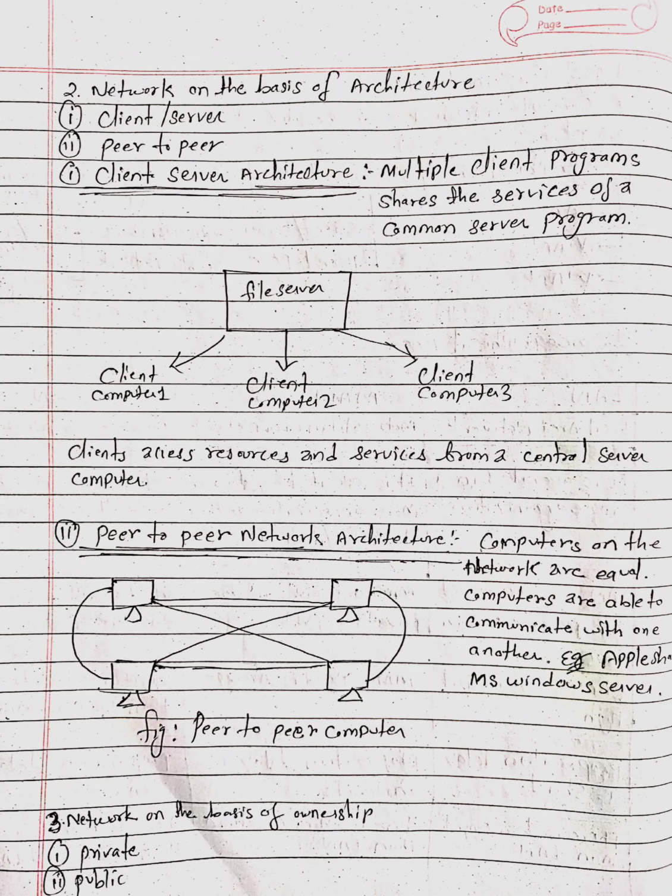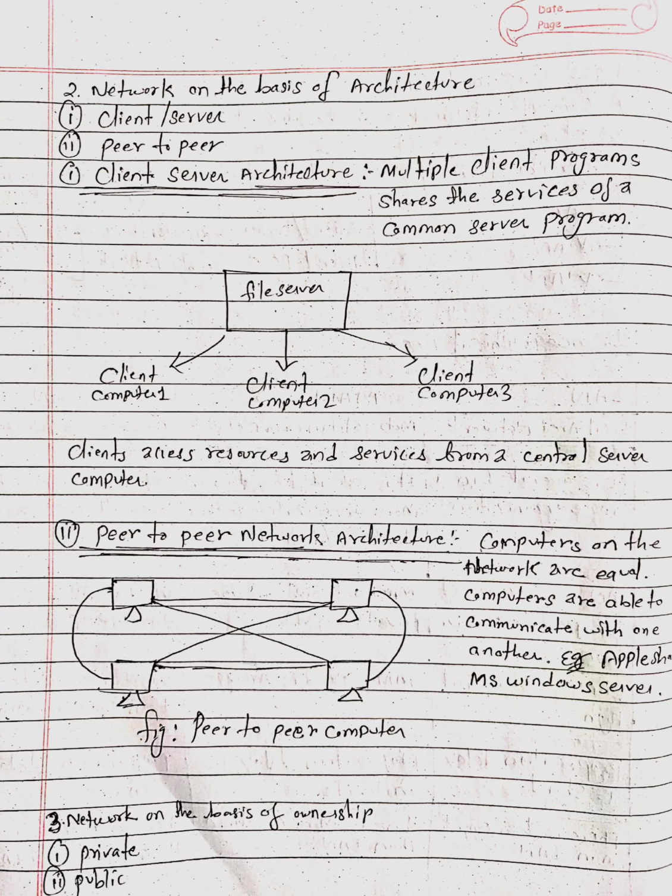Network on the basis of architecture: peer-to-peer architecture and client-server architecture. In client-server architecture, multiple client programs share the services of a common server program. File server, client 1, client 2, client 3. These different clients can access resources from a single server.